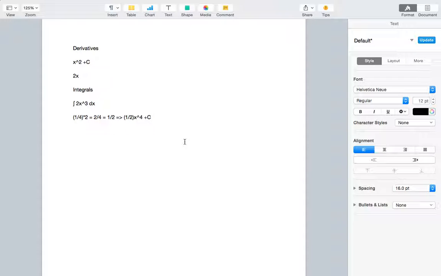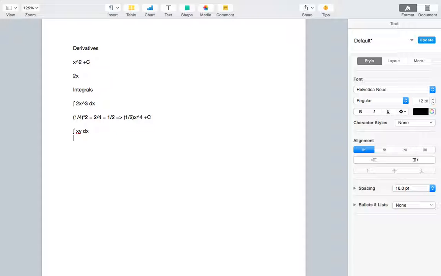So that's all. Alright. And you might be asking yourself, what if you have 2 variables? Good question. So let's say you have the integral of xy dx.